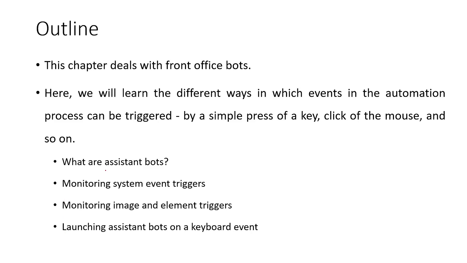In the previous class we learned about assistant bots, also called front office bots. We learned how to monitor system event triggers and how to monitor image and element triggers.